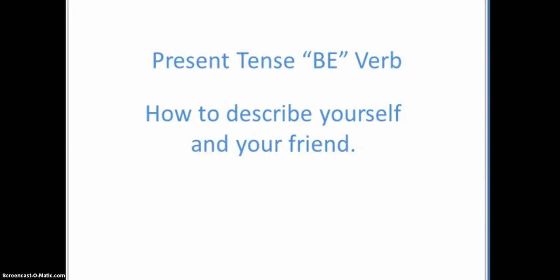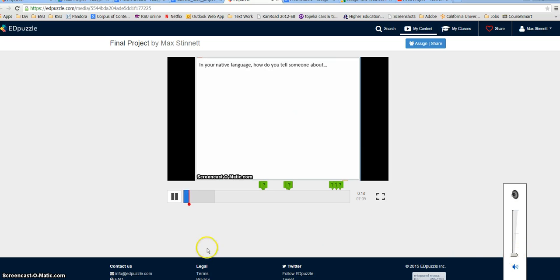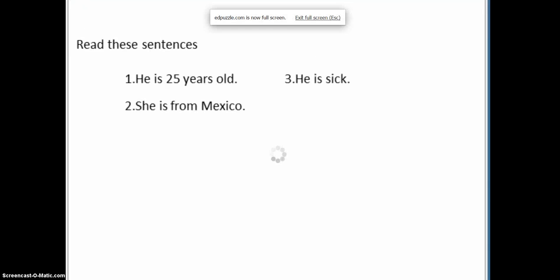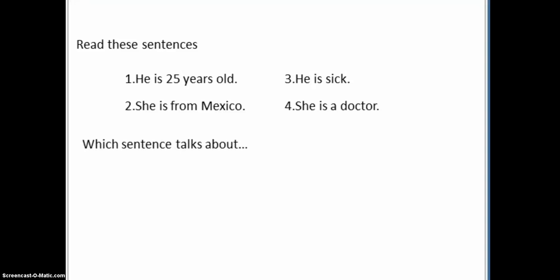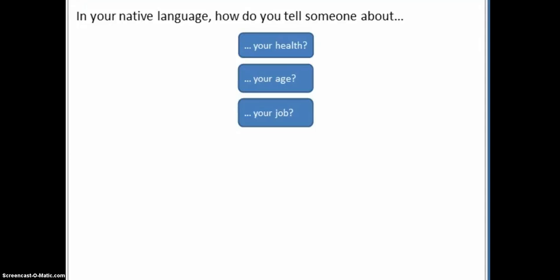Okay, in this lesson we're going to learn how to use present tense be verb to describe yourself and your friend. It's easy to describe. Okay, so you get the idea. It's me narrating it. The narration goes along, and we try to first activate some schema by asking them how they describe themselves in their native language, and then presenting a question.